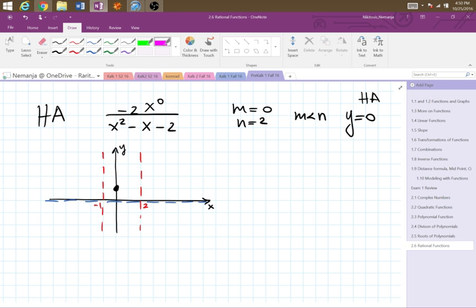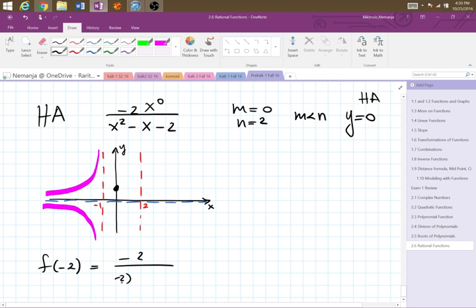So now we know that we can have either one of these two here. We plug in a value, let's say negative 2, in the problem. And we get less than, which means we keep the bottom piece.